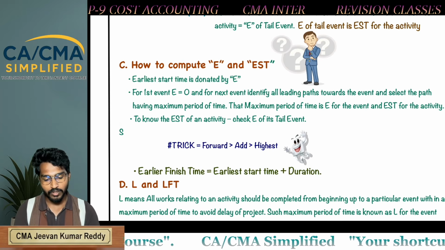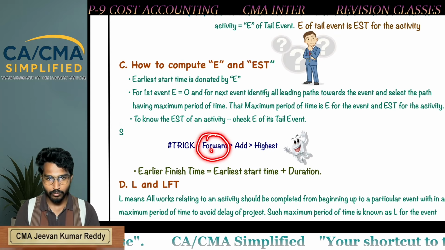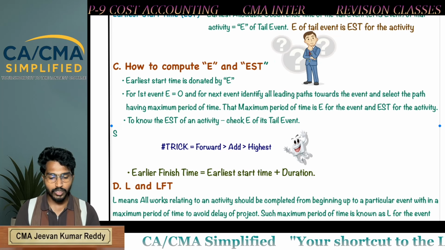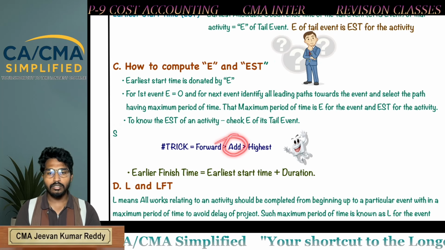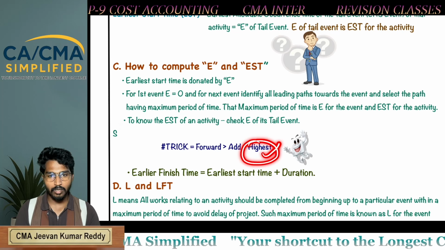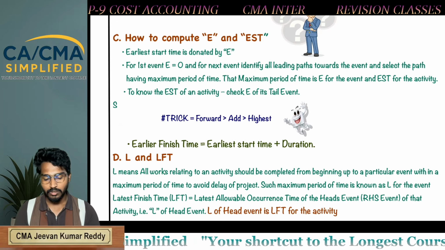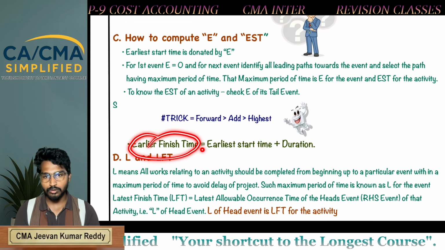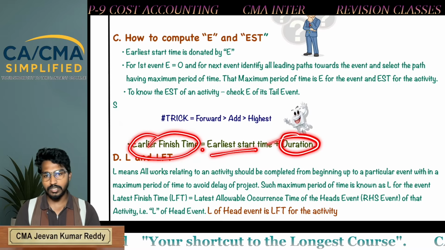Trick: for calculating E, you need to go forward, add the duration, and take the highest number. Next, earliest finish time is equal to earliest start time plus duration.